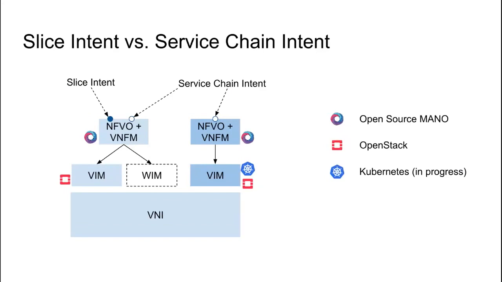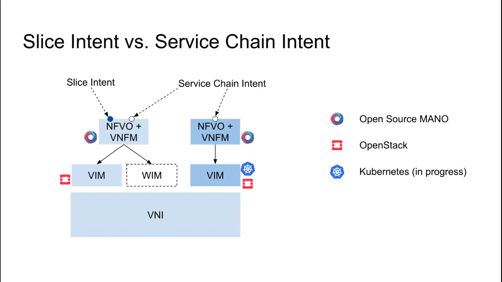So basically, we use a virtual network infrastructure based mostly on OpenStack. We are also working on the idea of using Kubernetes. This is still in progress, but we use OpenStack as the virtualized infrastructure manager to manage the virtual infrastructures.